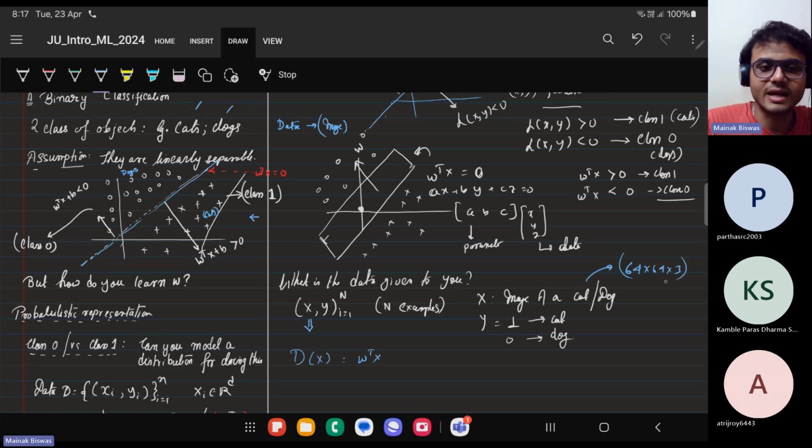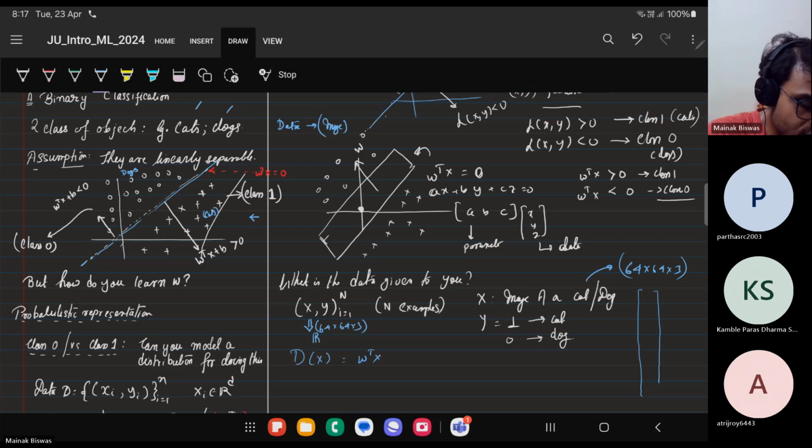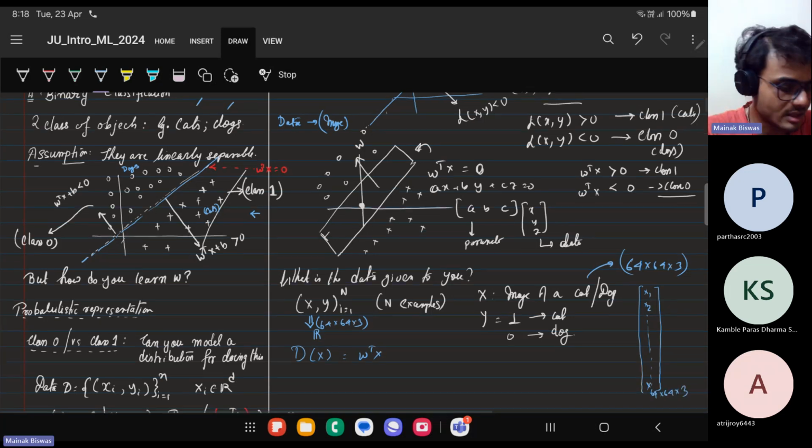So every image will be a vector in R 64 cross 64 cross 3, X1, X2, dot dot dot, X of 64 cross 64 cross 3. Is it clear?